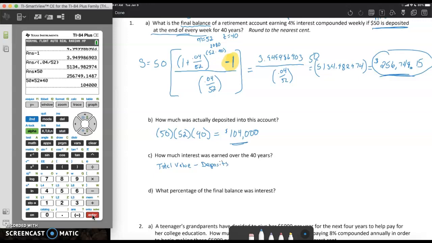So the total value is $256,749.15. Subtract off the $104,000 that they actually deposited there. And that should give you $152,749.15.